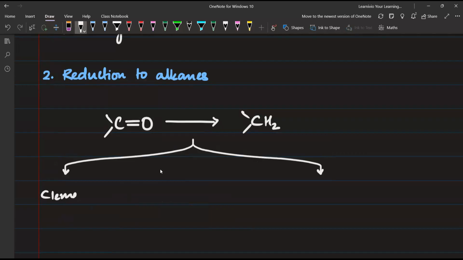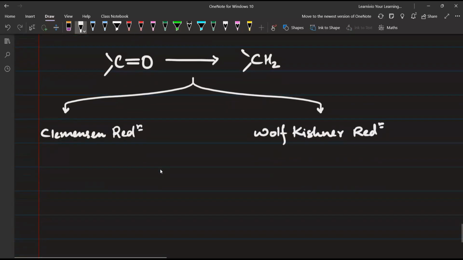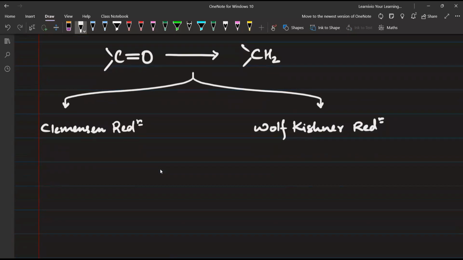Clemmensen reduction. And we have Wolff-Kishner reduction. Now, write A part, Clemmensen reduction.